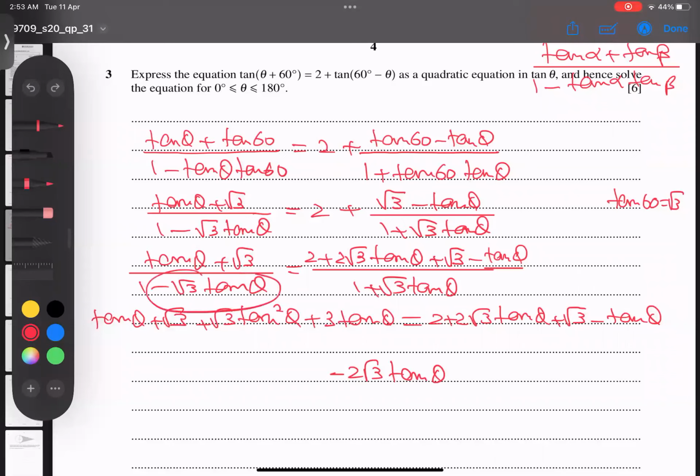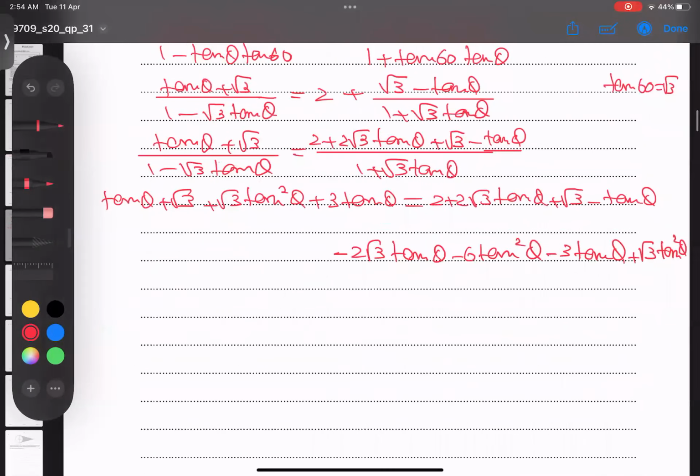Now when this multiplies with this, √3 becomes 3, and 3 times 2 is 6. So I get negative 6 tan square theta. When this multiplies with this, √3 is 3 and I get 3 tan theta. And when this multiplies with this, I get plus √3 tan square theta.